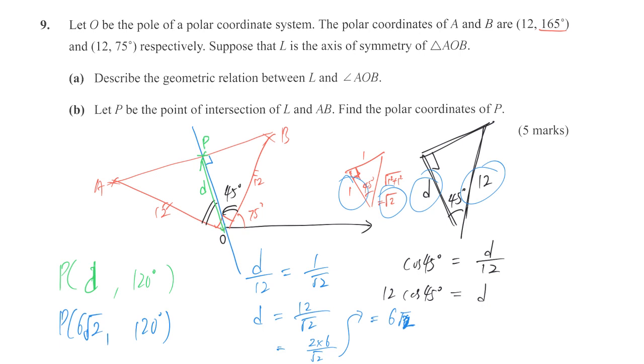Remember, in polar coordinates, it's possible that we need to apply trigonometric ratios to find it out. Other than 45 degrees, this part may be 60 degrees or something else. Got it? So this one, please finish it at home. This is one of the common question types even in paper 2.